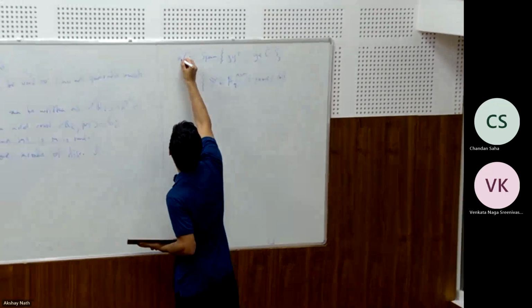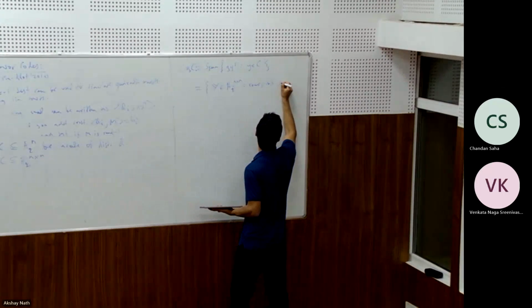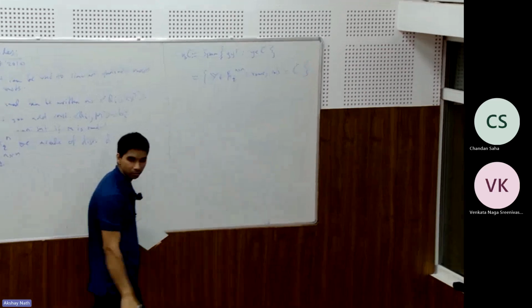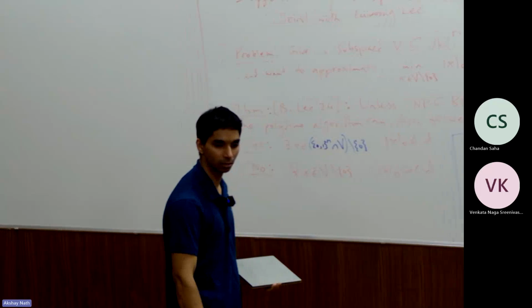So it's also equal to the set of matrices whose rows and columns all belong to the subspace C. These are two equivalent definitions of this tensor product.